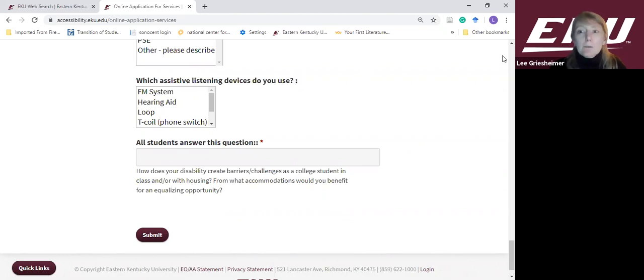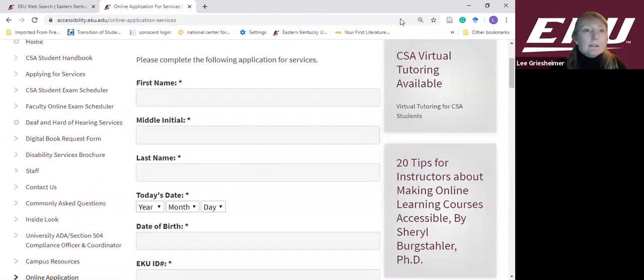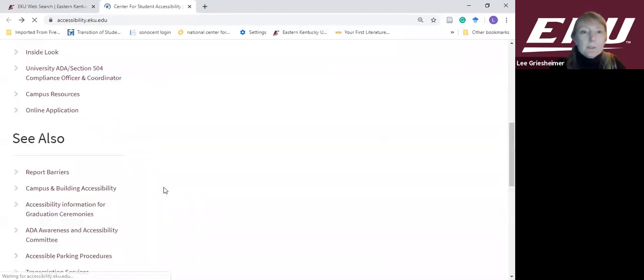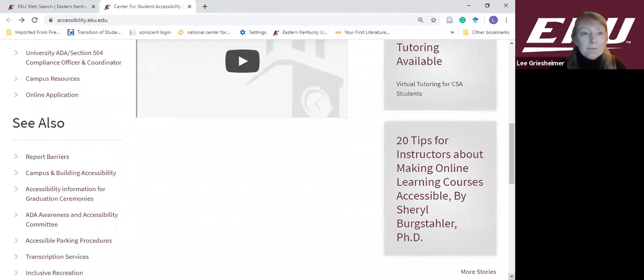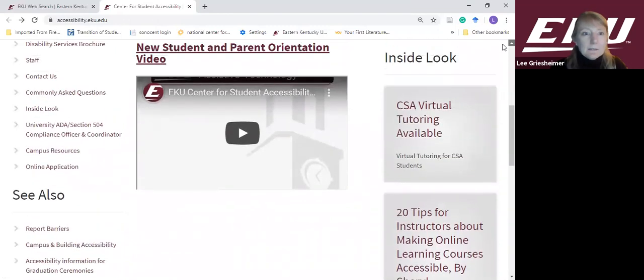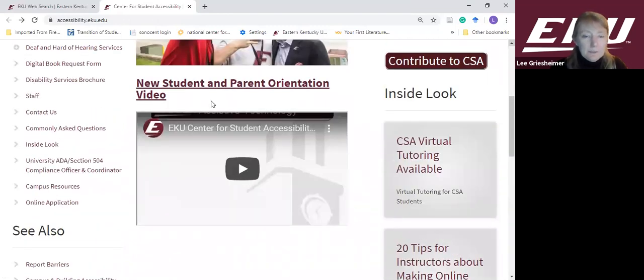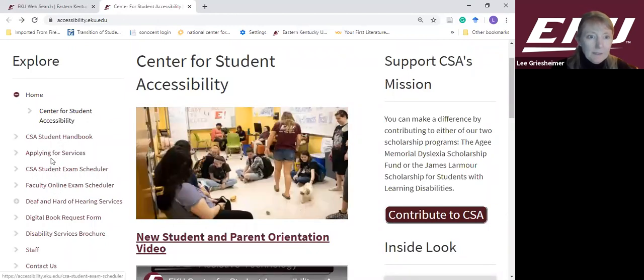So we're going to go back to the home page, and we will continue with the second step in the process, which is documentation. We have two guidelines to help students with submitting documentation.